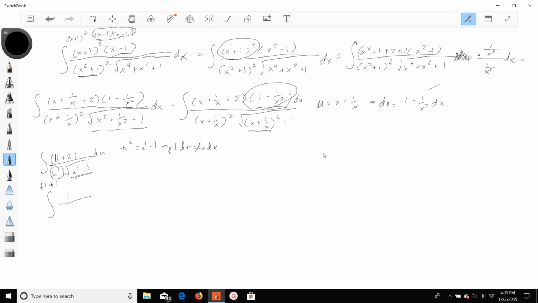That's arctan. 1 plus t squared dt plus a 2 times the integral of 1 over t squared plus 1 to the 3/2 dt.